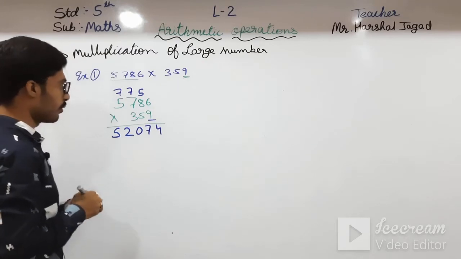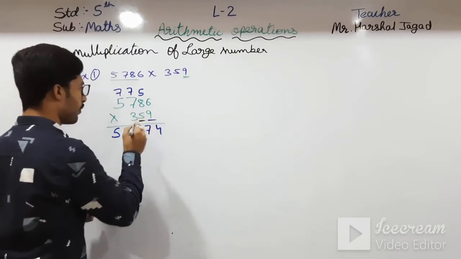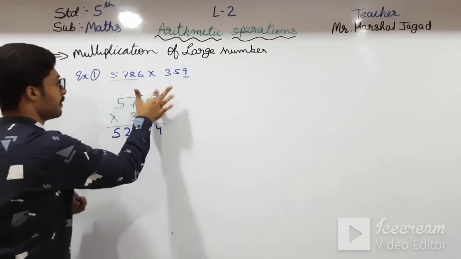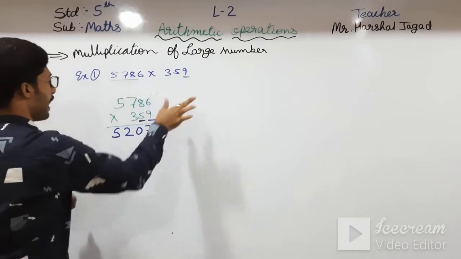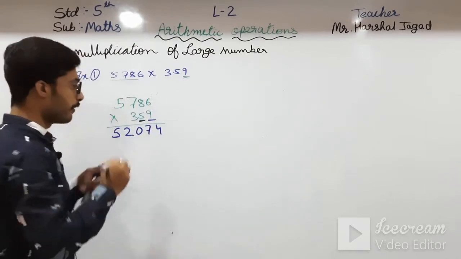Now going to the multiplication with 5. I am rubbing this out and now we have to multiply with 50.